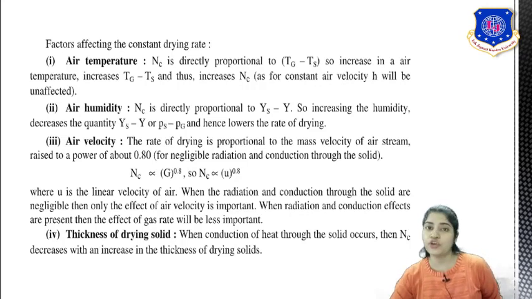Similarly, air humidity. Your drying rate is directly proportional to the difference in humidity. If you increase the humidity of air, using more saturated air that is already moist, then the quantity Ys minus Y will decrease. It means the concentration difference has decreased, so your rate will again decrease.